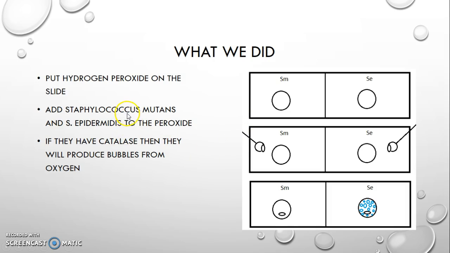Classifying which organisms have and which organisms do not have catalase is important in giving an indication of the way that they harness energy. So what we did in this experiment is we determined which microbes have catalase and which don't. We put a big old drop of hydrogen peroxide.